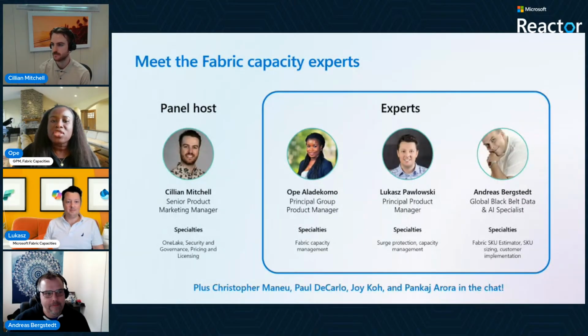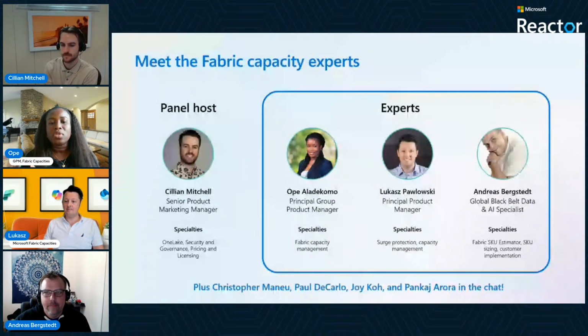Sure. So I saw that a lot of people try to answer the question in the chat. I'm making the assumption that hosting consumption here refers to the consumption for hosting operations. Assuming that's the context, then the answer is yes. When you go in the Capacity Metrics app, you are able to see hosting consumption.